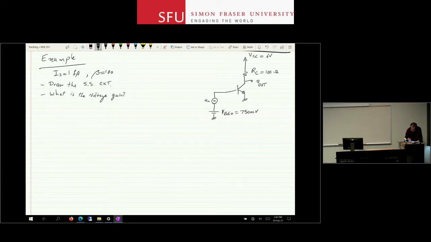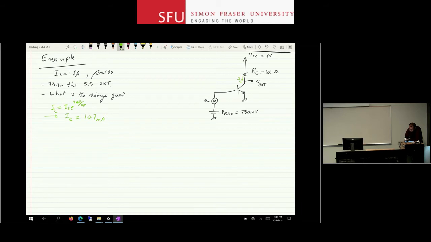Okay, so first thing I do here is that maybe I go and figure out what is my IC. We saw that for any small signal analysis you need that. So go and plug in the values for IS and VT in your equation, and I give you the final number. IC becomes 10.7 milliamps, if I use IS e to the VBE over VT, right?